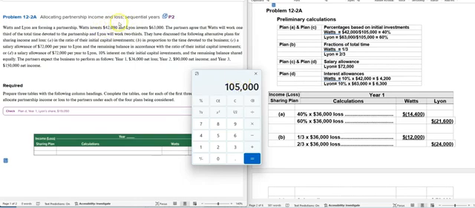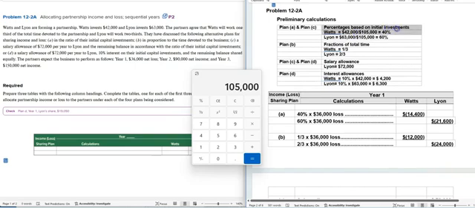Watts' proportion of the total investment is 42,000. So if I divide 42,000 by the 105,000, Watts is contributing 40% of the initial capital investment, and Lyon is investing 63,000 out of the 105,000, or 60%.